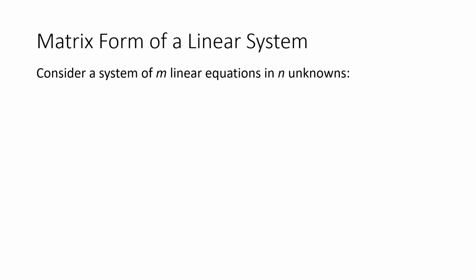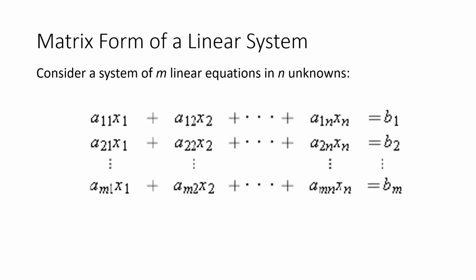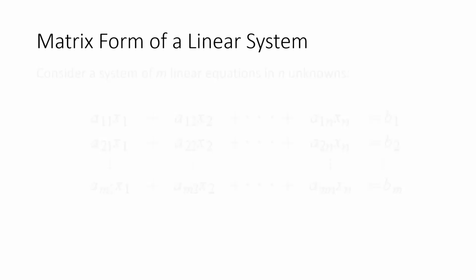So you have that one. Since two matrices are equal if and only if their corresponding entries are equal, we can replace the m equations in this system by the single matrix equation.